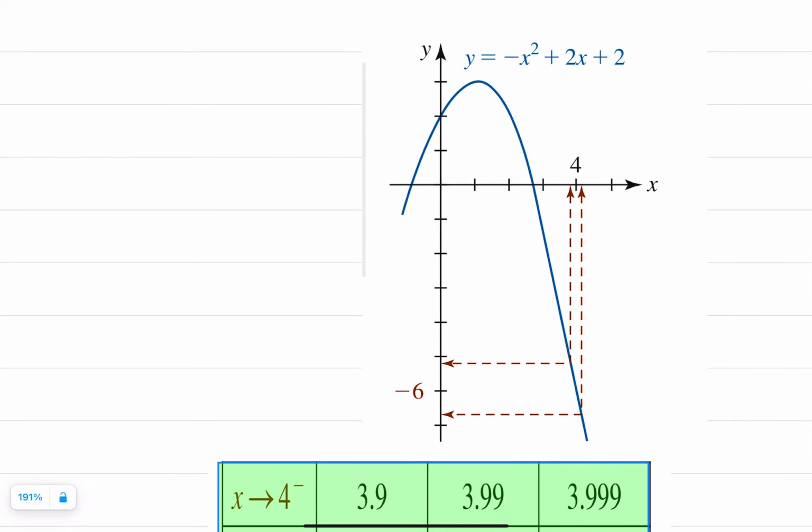When we are approaching 4 from the right side or left side, we can see that the corresponding value is approaching the value of -6. So we can say that graphically the limit of this function is equal to -6.